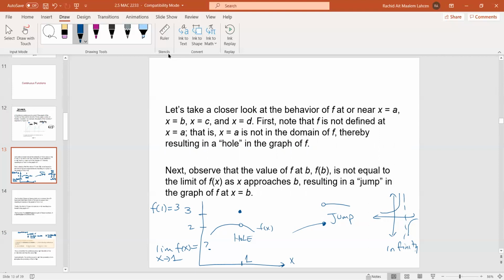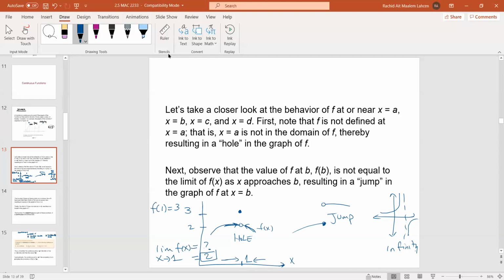Well, we go back to the idea of the limit. If we do the limit from the left, we trace it as we go this way, it's a 2. And if you do the limit going this way, it's a 2. So the value is 2. However, 2 is not the same as f of 1. So it's possible for the limit, of course, to exist, but not equal what's expected for the function value at that point.